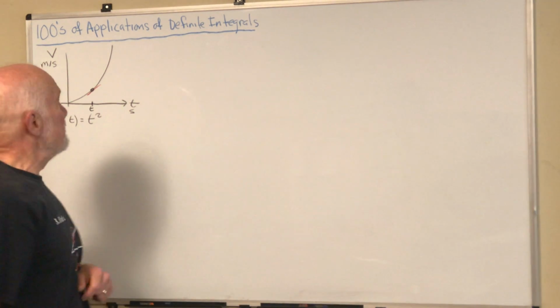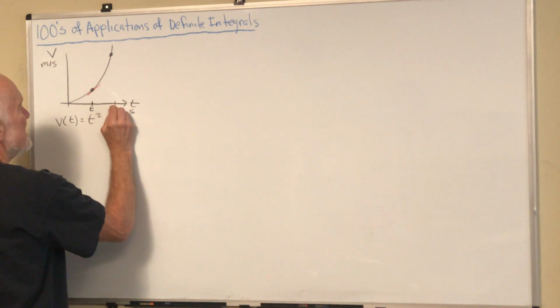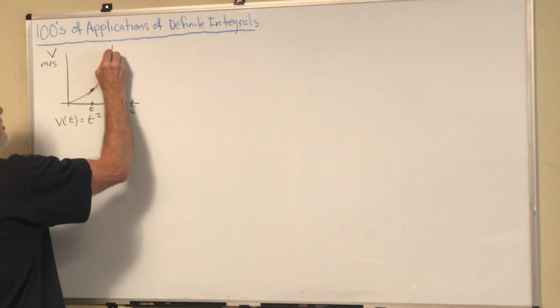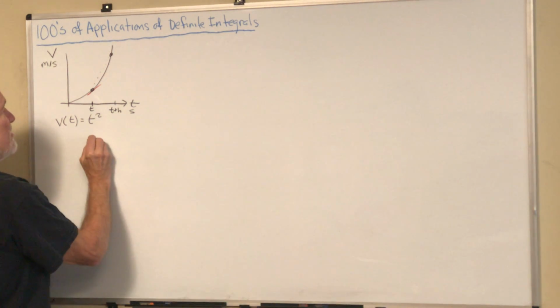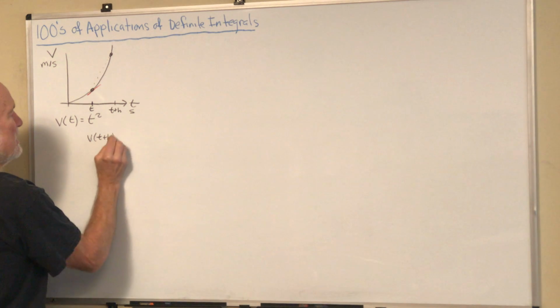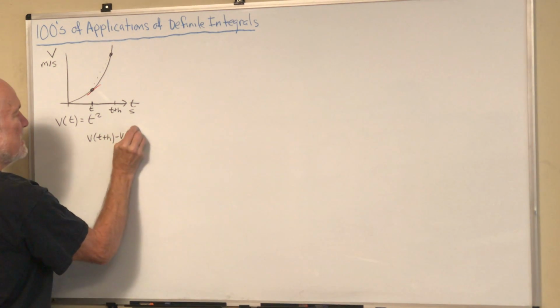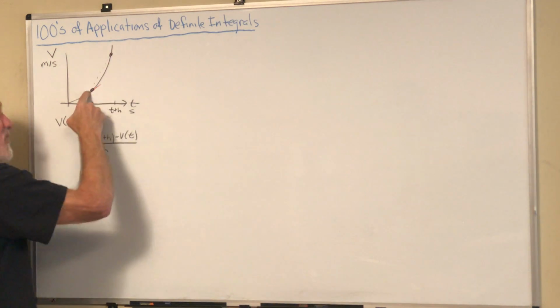And the only way we could find slope was to take another point a distance away, t plus h, and find the slope in between those 2 points, which was v of t plus h minus v of t all over h.